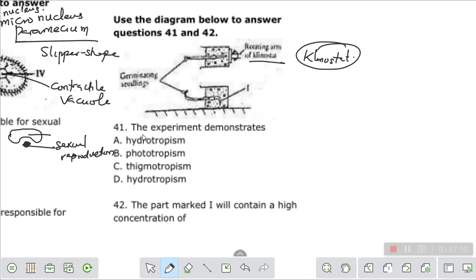Now the part labeled I, we are talking of gravity. You can see that the roots are moving towards that part. So they now said the part marked I will contain a high concentration of what? Why is it that it moves towards that aspect? That's what the question is asking us.